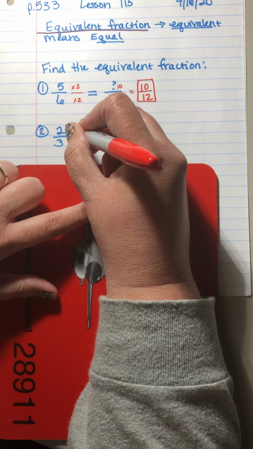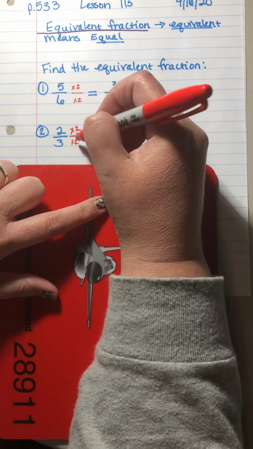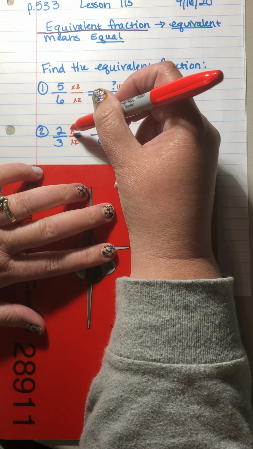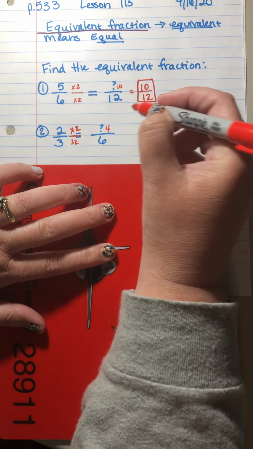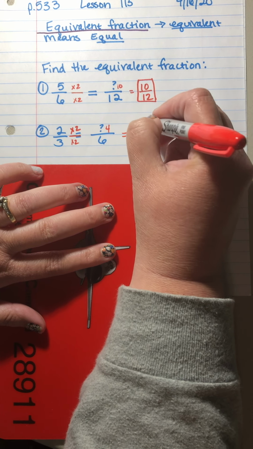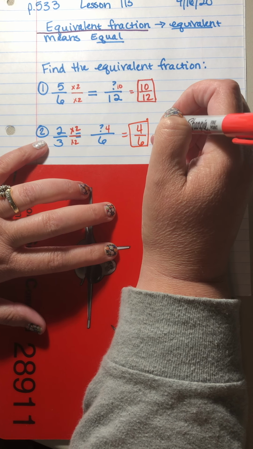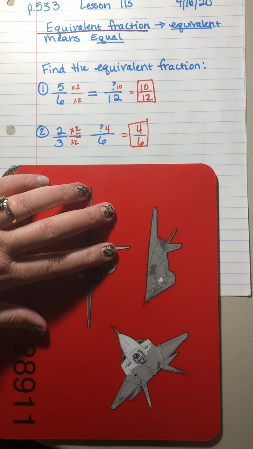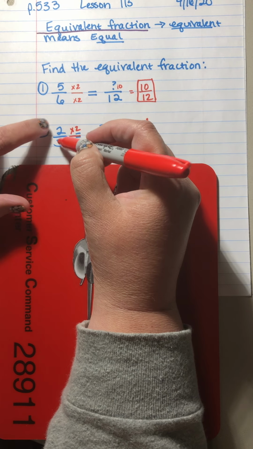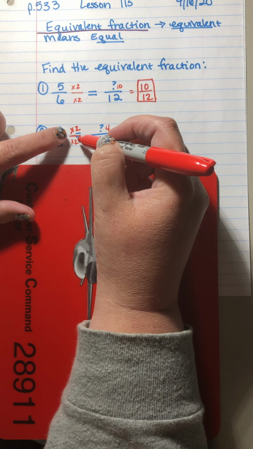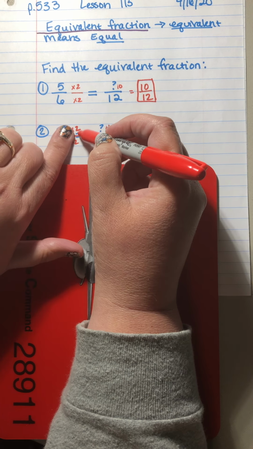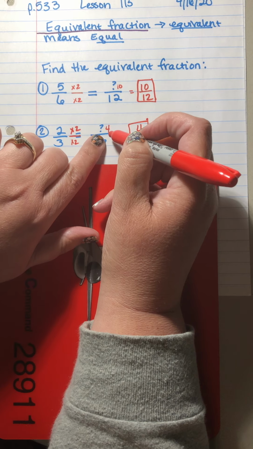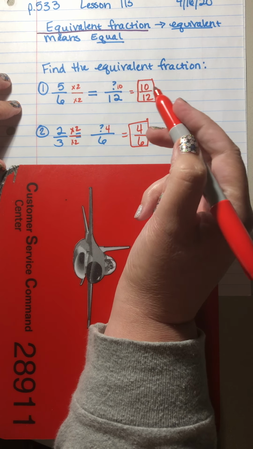So if I do that to the bottom, I have to do that to the top to make this equal to 1. 2 over 2 is equal to 1. So 2 times 2 equals 4. So my equivalent fraction for 2/3 is 4/6. Okay, so I'm just multiplying this fraction by a fraction equal to 1, because 2 over 2 equals 1, and coming up with an equal fraction, because any number times 1 equals that same number. Okay?